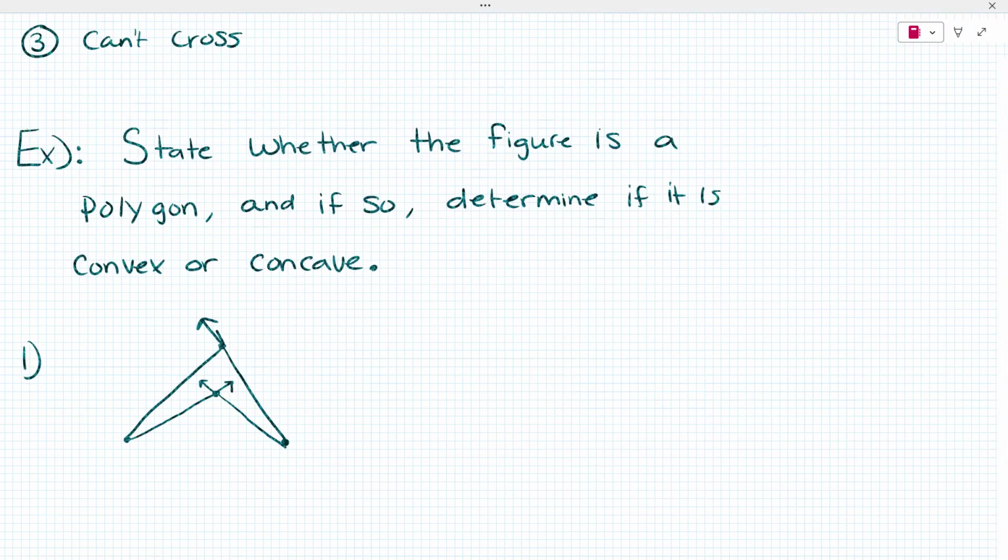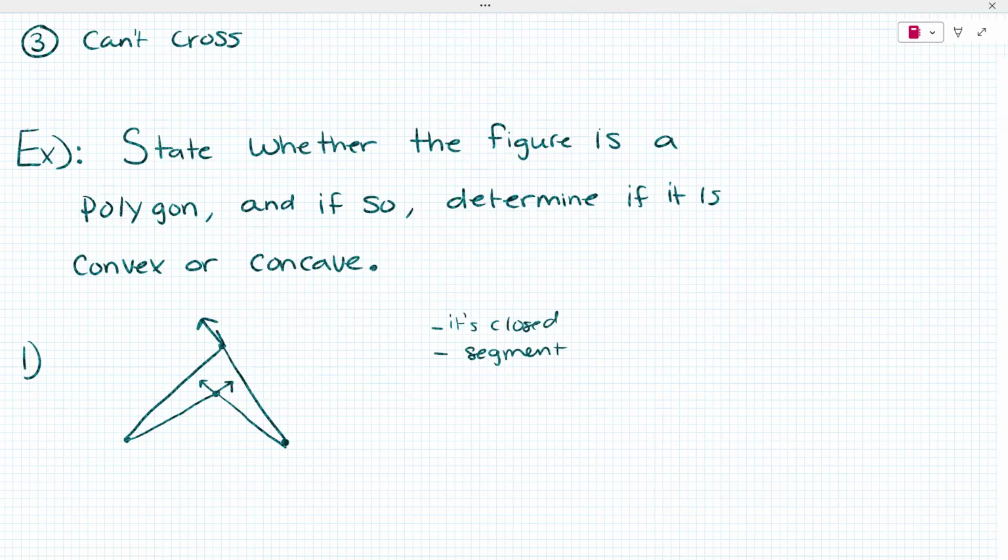So, is it closed? Is this figure closed? Yes, there's no gaps, so it's definitely closed. What else? Are we connected only by segments? Yes, there are only segments. And does it cross? So we know it's a polygon, but is it concave or convex?